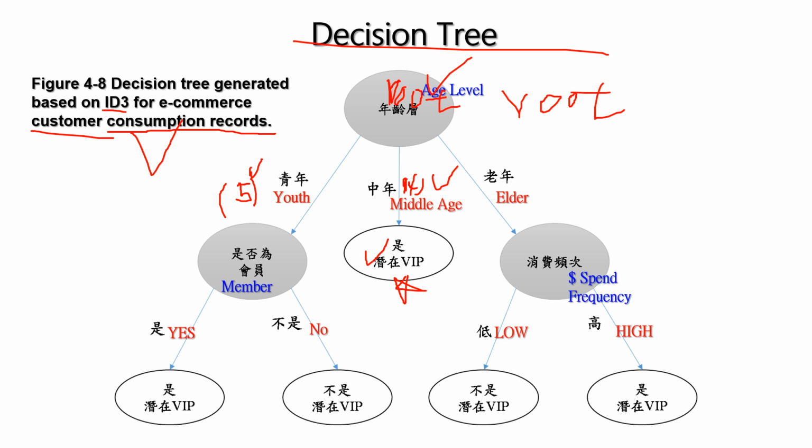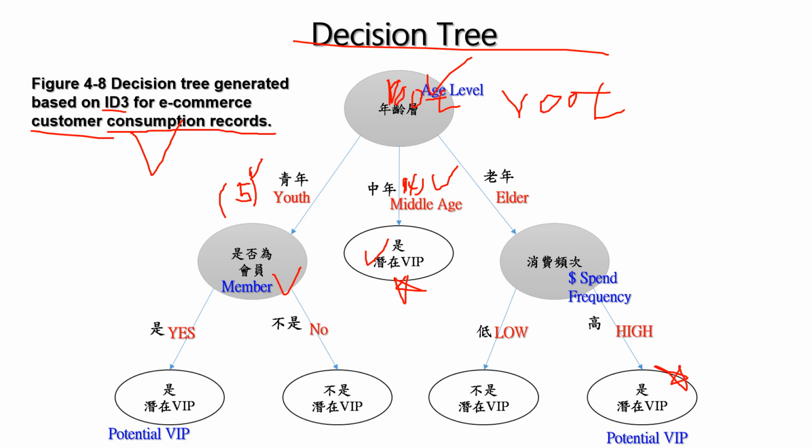So age level, and whether it is a member, right? And the spend frequency, the money spend frequency, and we need to focus on the yes, okay? They are potential VIP, right? Potential VIP.